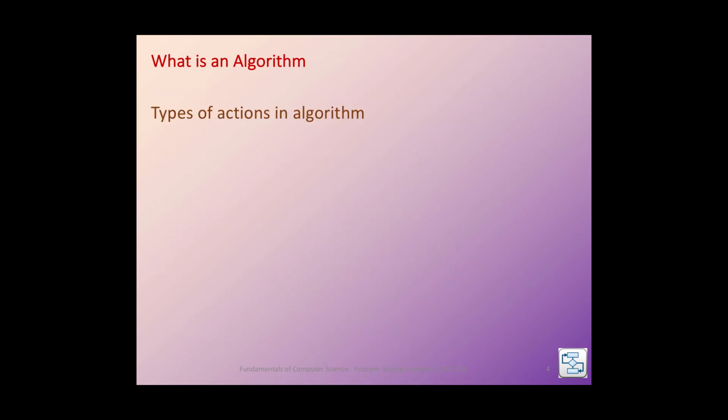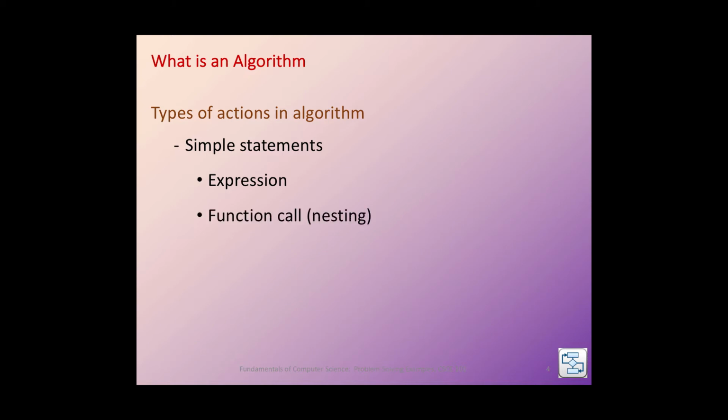Now, the types of actions that are portrayed in algorithms: the simplest form is a simple statement. This is one specific action on a single line. These are executed in sequential order, and they can be simple expressions or function calls or data I/O.